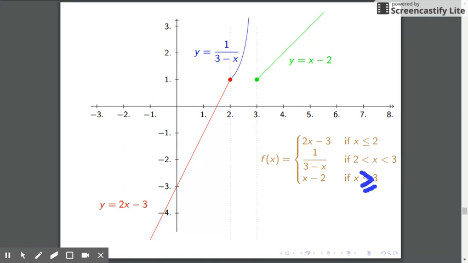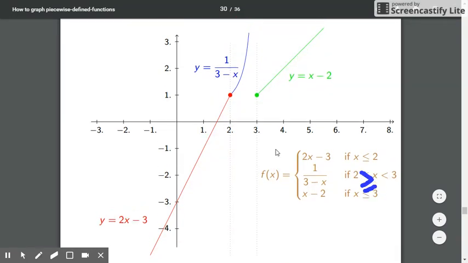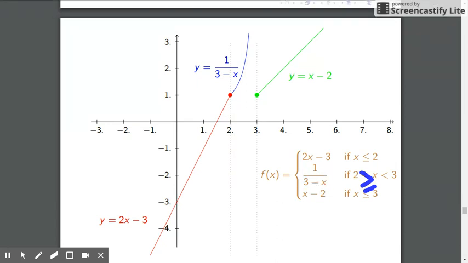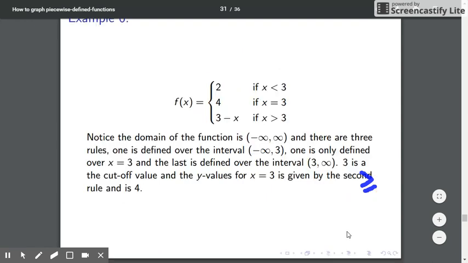Therefore, the endpoint of the blue one does not have to be an empty circle. And then the other endpoint is, again, as we approach x equal to 3, the second rule of the function approaches infinity. Therefore, there's no endpoint here to put an empty circle in there. And then the other end also is a filled circle.